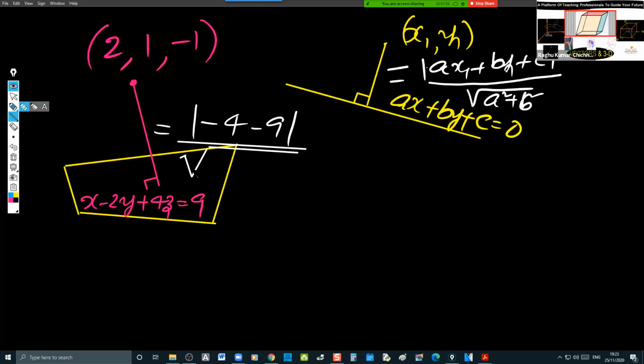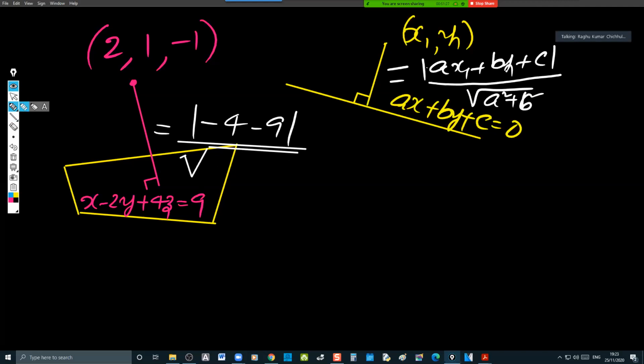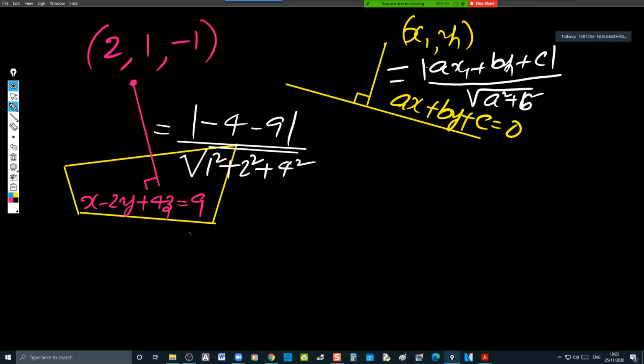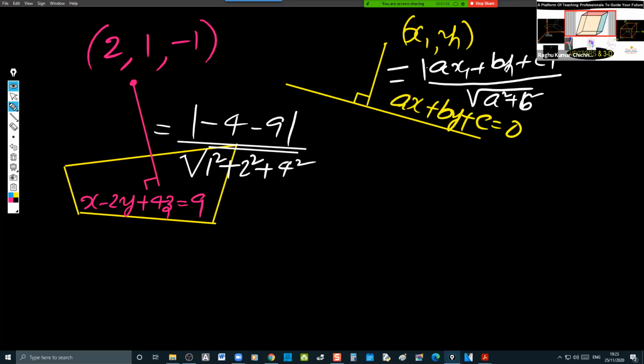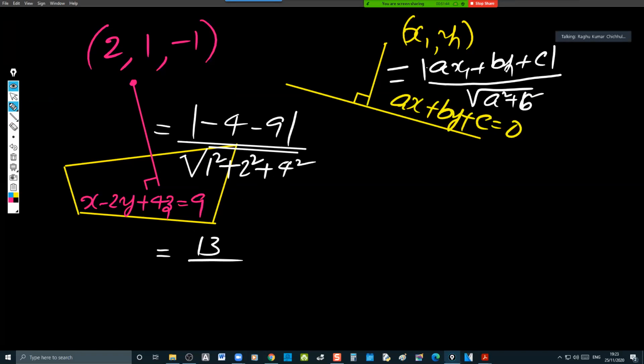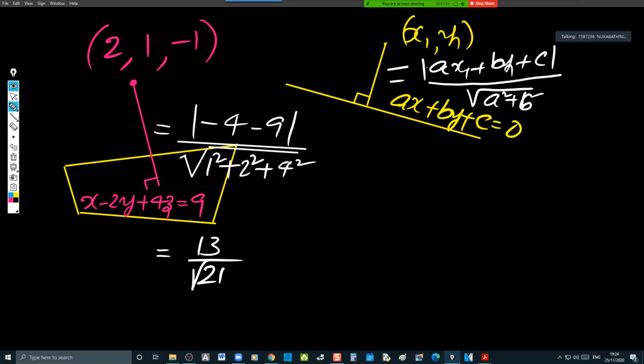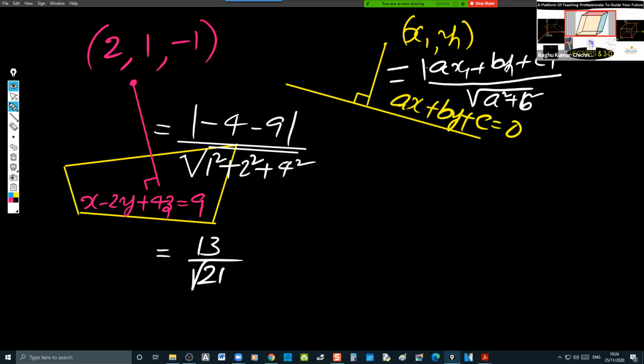That means 1 square plus 2 square plus 4 square. Minus 9 minus 4 is minus 13. Under root 16 plus 4, 21. Under root 21, please. That is the answer. Straight question, please.